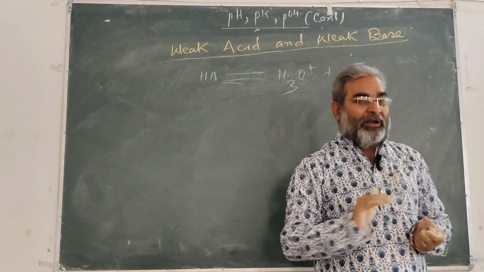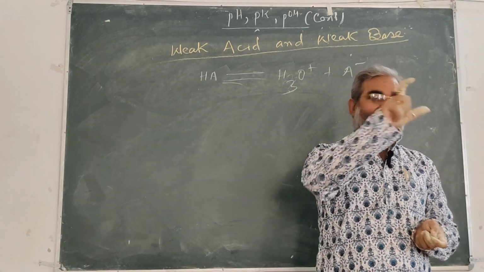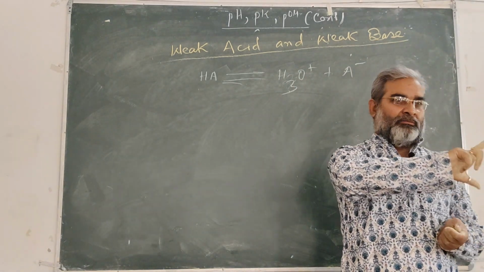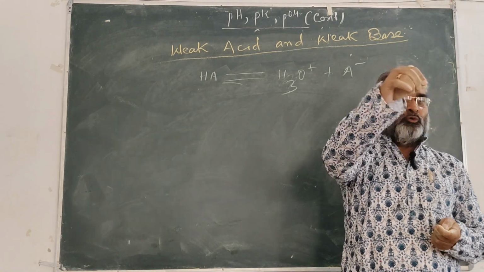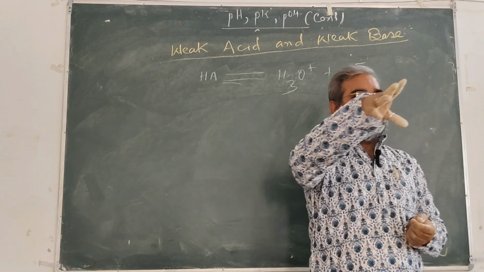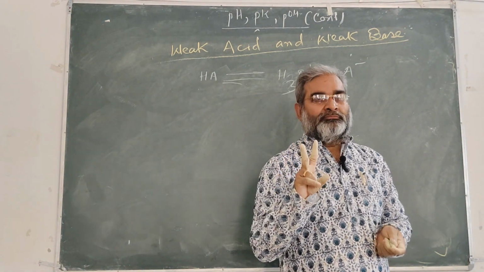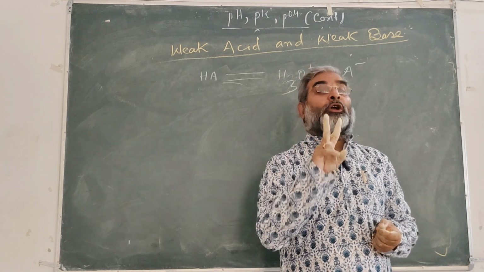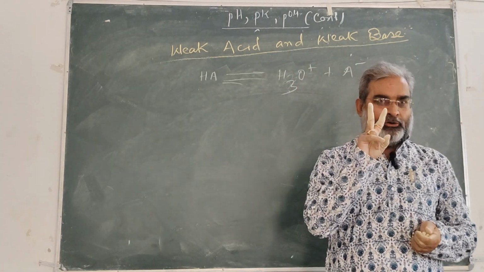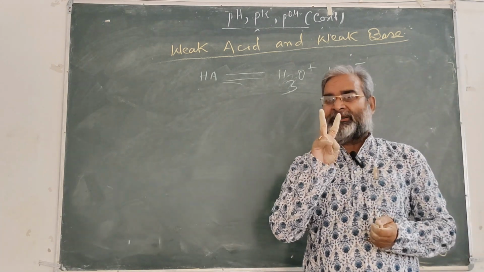Solution का जो total pH होगा, because the component has the capacity of ionization. Suppose H2SO4, then H2SO4 is itself responsible for the release of 2 units or 2 moles of H plus ions.